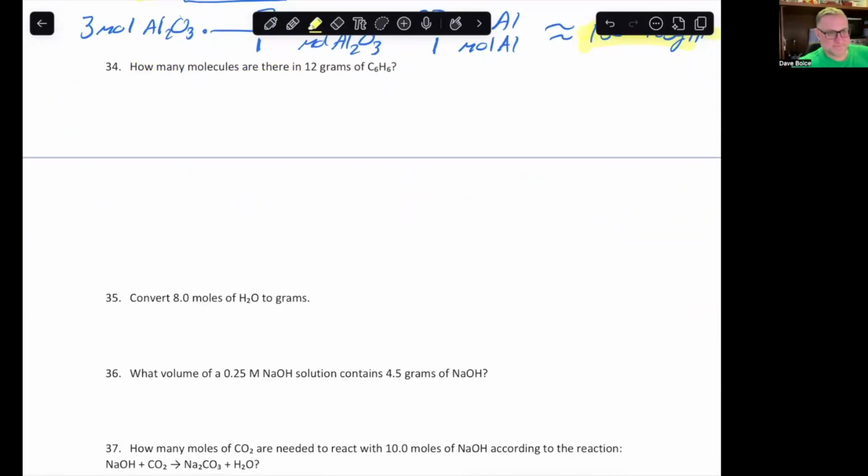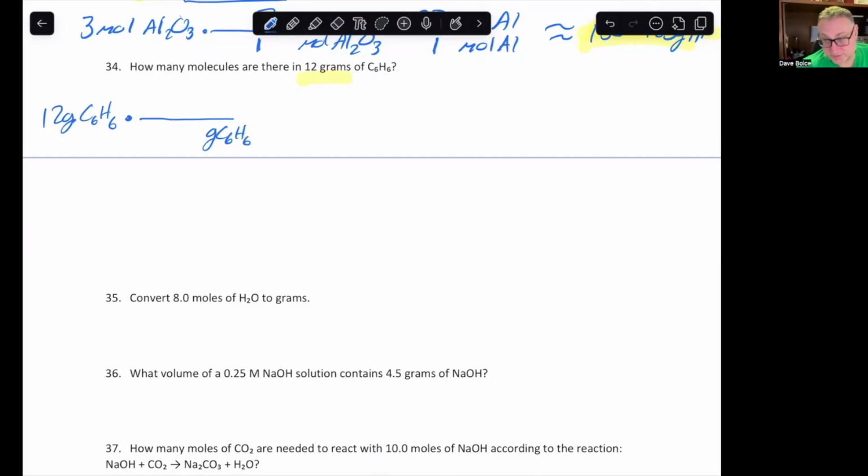Okay, number 34. How many molecules are there in 12 grams of C6H6? First thing I'm going to do, like always, is start with my given measured quantity. So I got 12 grams of C6H6. Okay, and I want to move grams of C6H6 down.